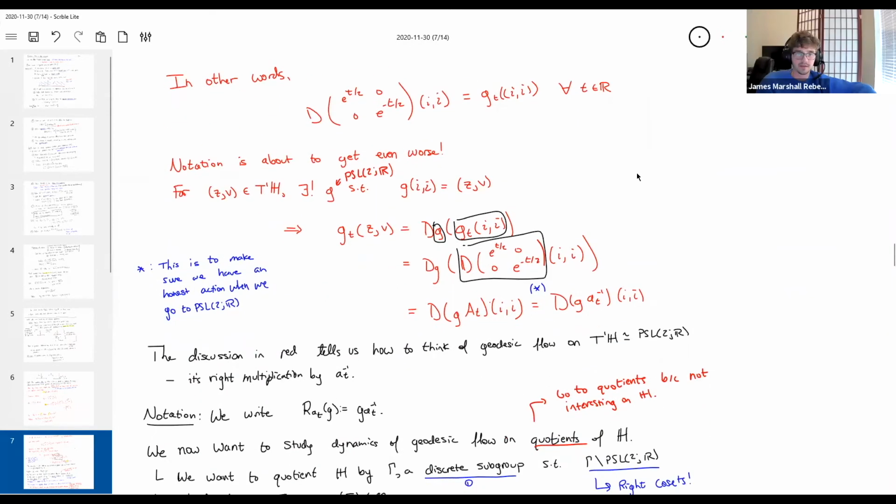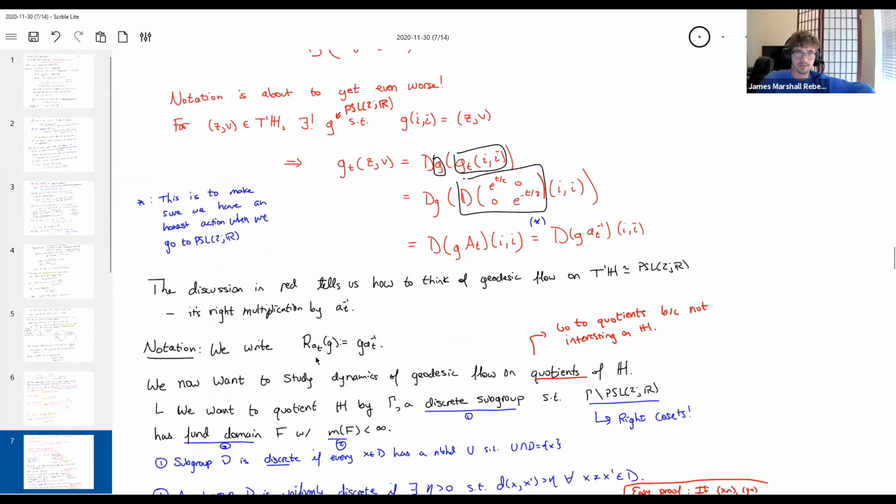Okay. And then, notation, we just denote this right multiplication by RAT of G is GAT inverse.